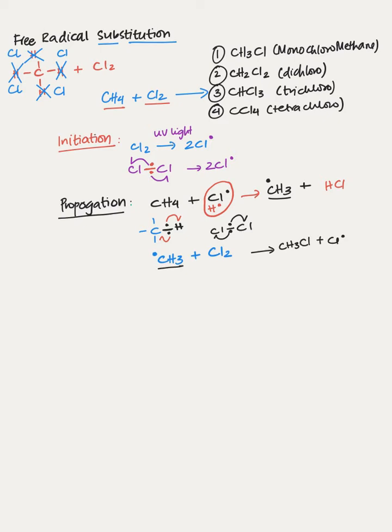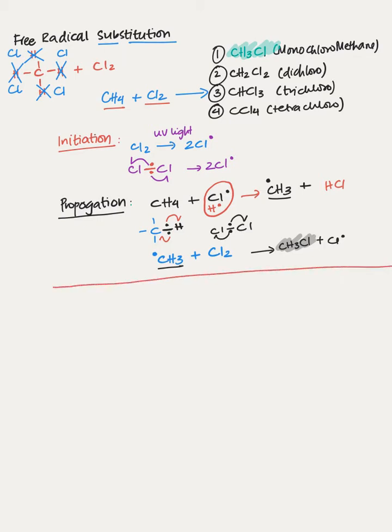And now we have monochloromethane right here. Now this doesn't end here. We can further obtain dichloro, trichloro and tetrachloromethane. How do we do that?